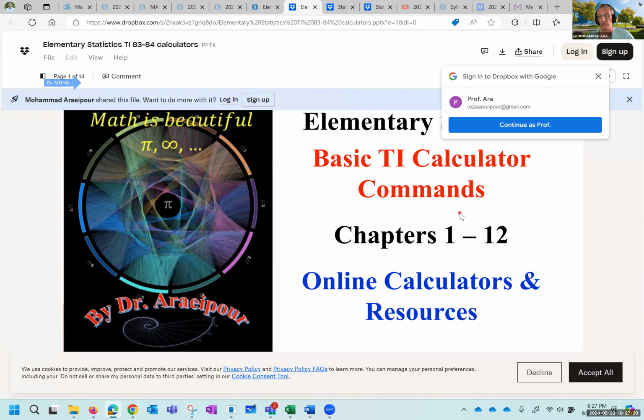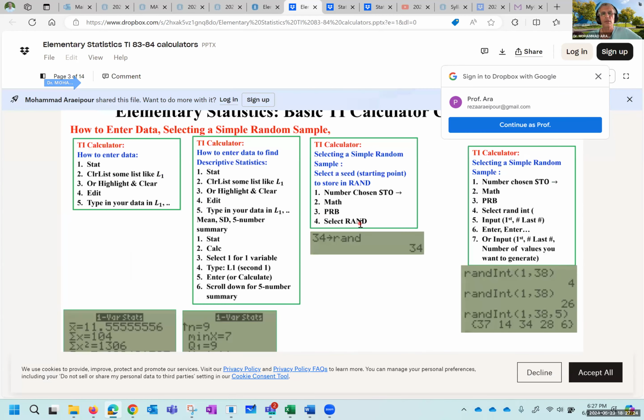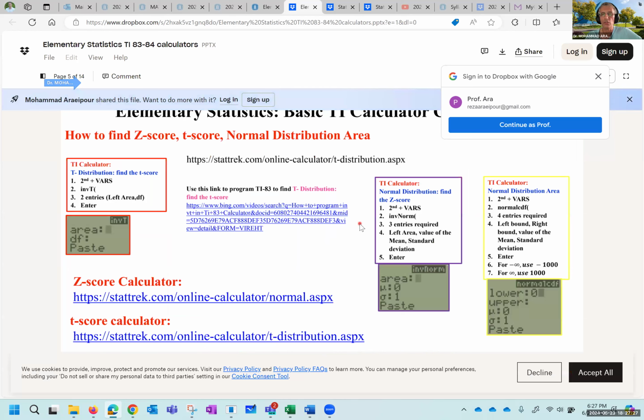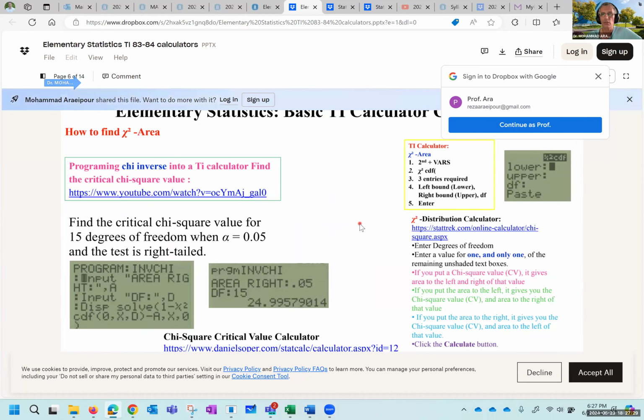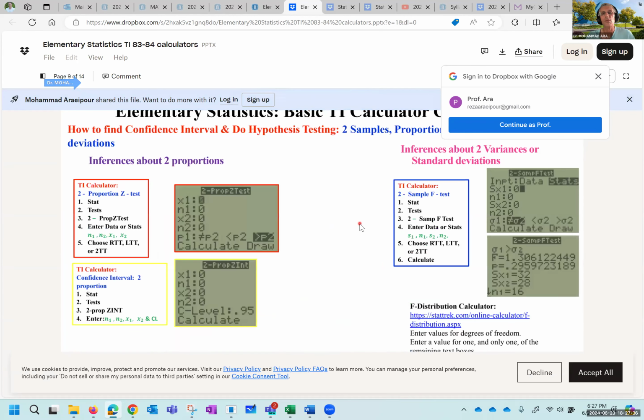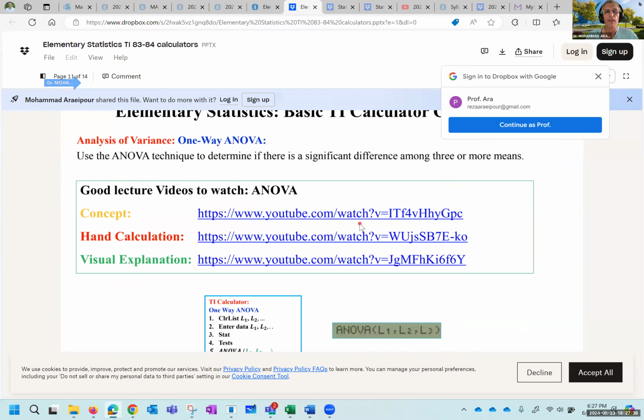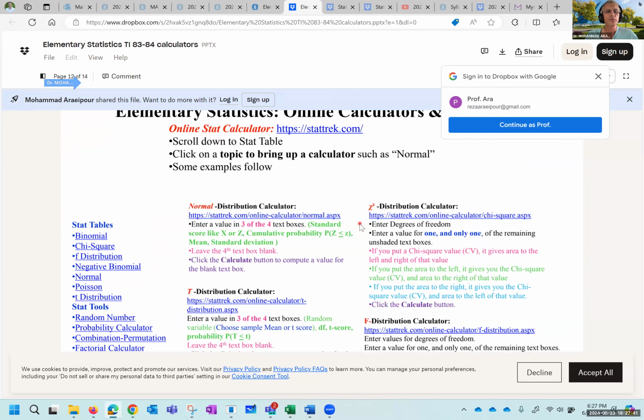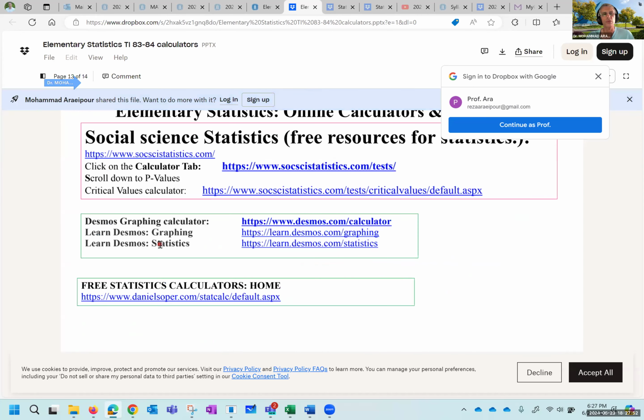I have every command you need to use for statistics, but it's important to understand the concept, not just using commands to come up with the numbers. Also, I have many calculators here, online calculators again. You really have to spend some time on them and see which one works the best for you, okay?